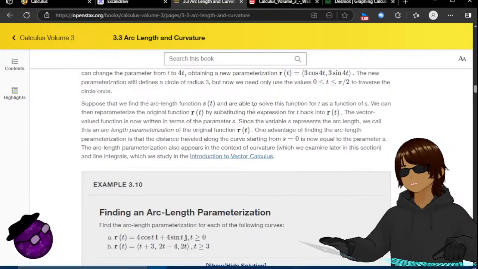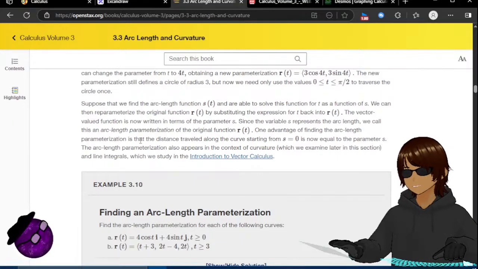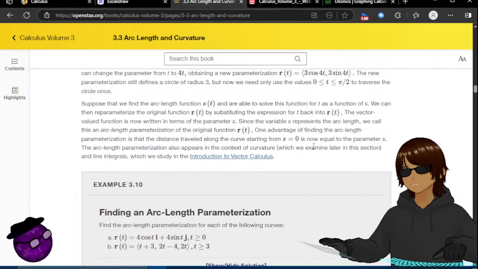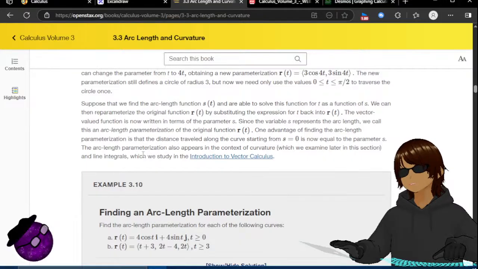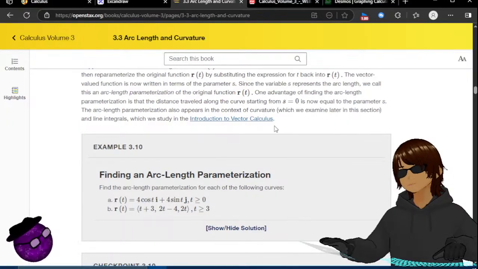Since the variable s represents the arc length, we call this an arc length parameterization of the original function r(t). One advantage of finding the arc length parameterization is that the distance traveled along the curve starting from s = 0 is now equal to the parameter s. The arc length parameterization also appears in the context of curvature, which we will examine later in this section.